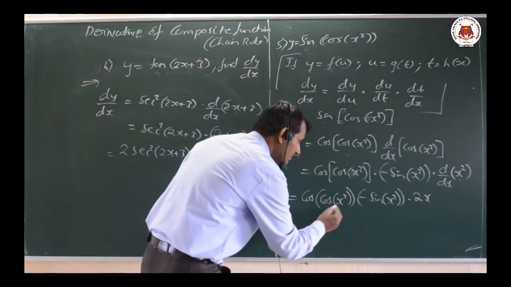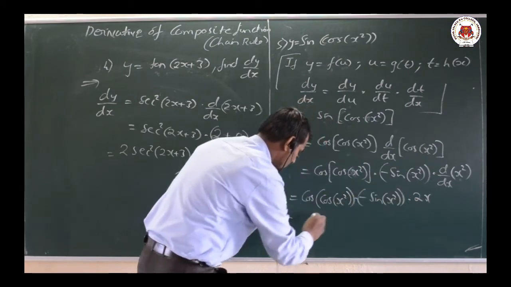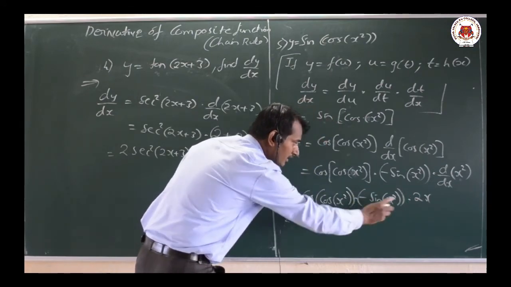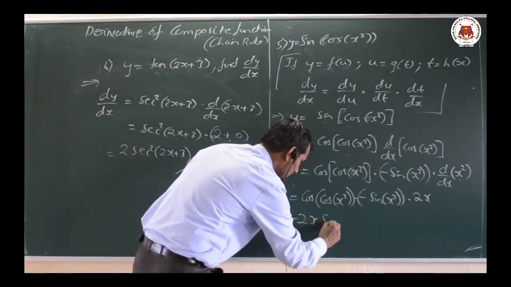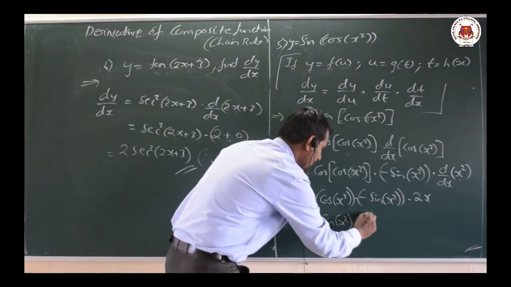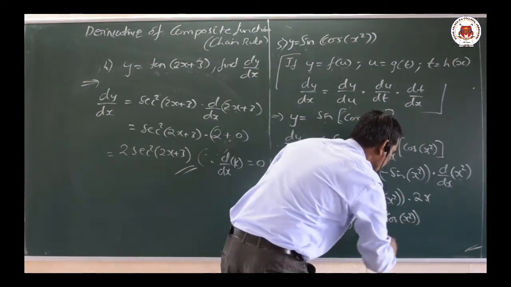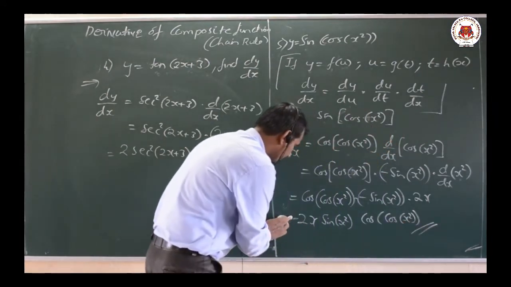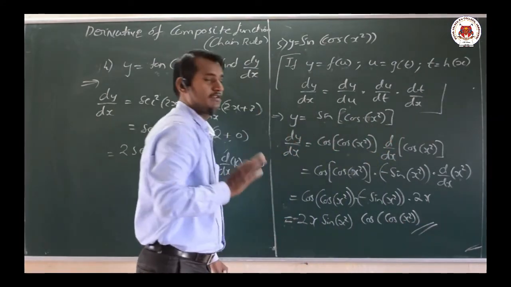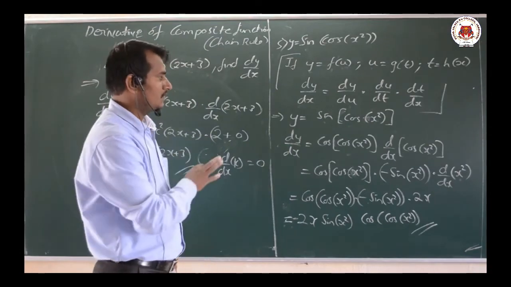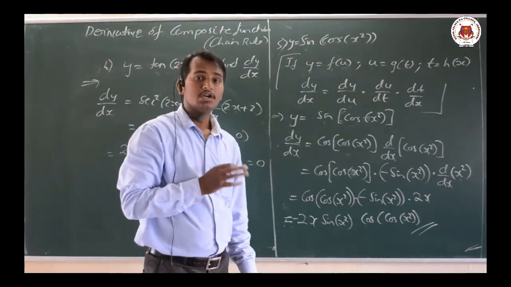First write 2x, into minus sin of x square into cos of x square. Brackets play a very, very important role in this particular problem. If this problem is asked, it will compulsorily be a 2 marks problem.